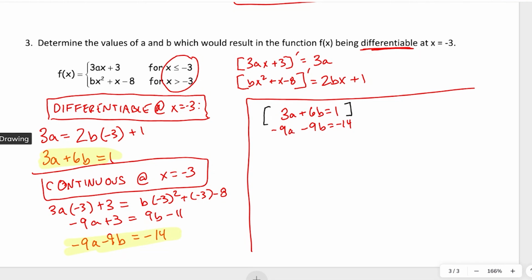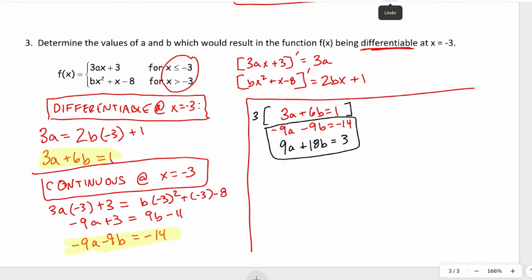Now we want to multiply that top equation by 3 so that I can combine these two equations using elimination. So 3 times 3a would be 9a, 3 times 6b would be 18b, and then 3 times 1 is going to be 3. And so the system I'm actually going to solve is this one right here. If you chose to do substitution, that will still work, but I chose to do elimination.